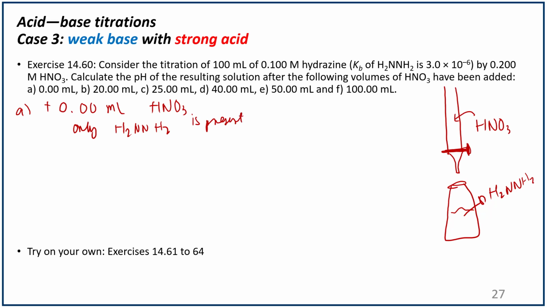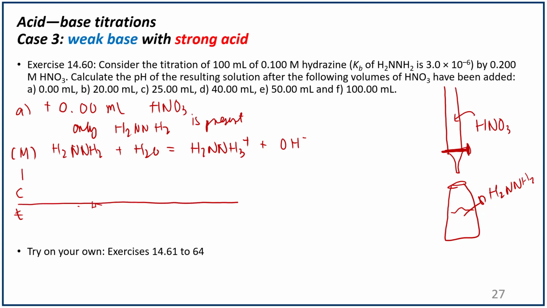Since it's a weak base, we can write a nice table for hydrazine to determine the concentration of hydroxide ions that it produces. So N2H4 plus water gives you the hydrazinium ion, N2H5 plus, which just means one proton added, plus hydroxide ions. That's initial, change, equilibrium.